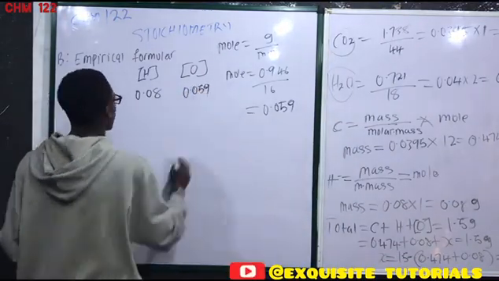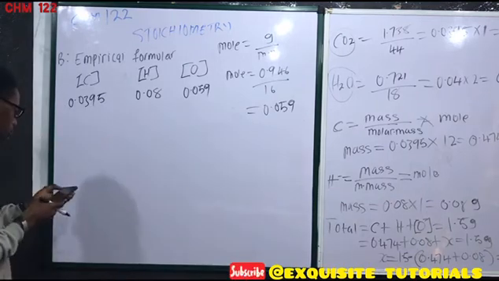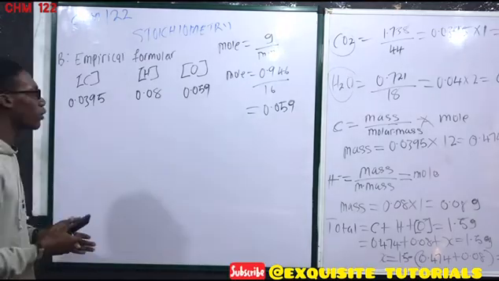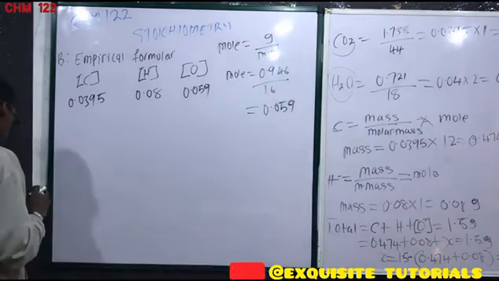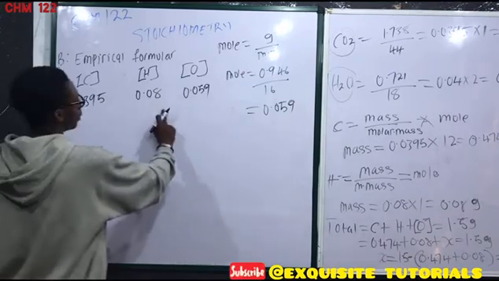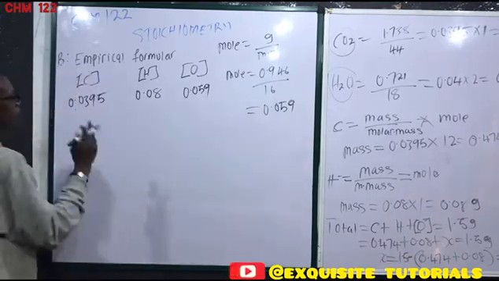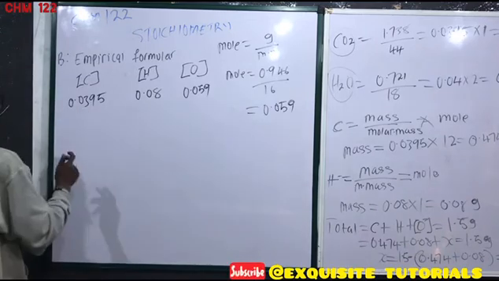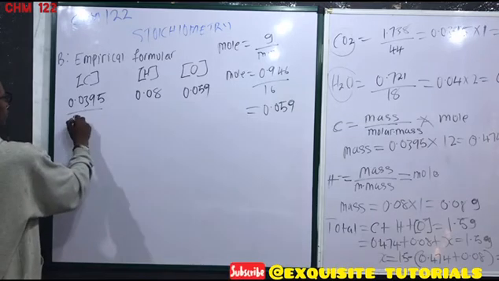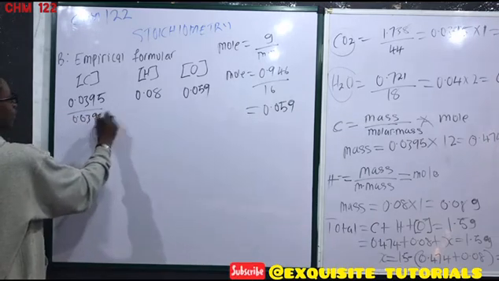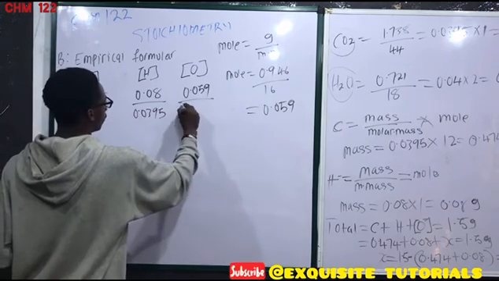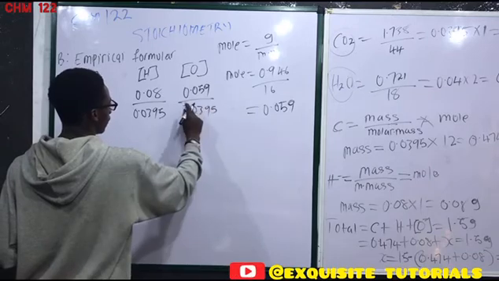Now, as we said, we're going to be using the least number to divide. So we have 0.0395, 0.08 and 0.059. Now the least number here should be carbon, so we're dividing each element by the least, 0.0395.